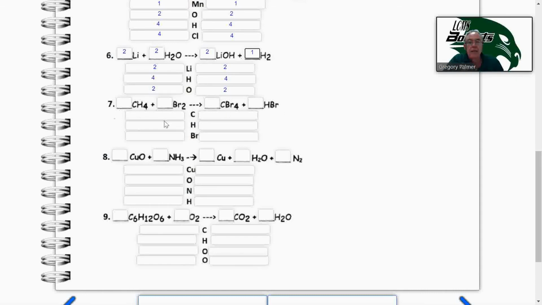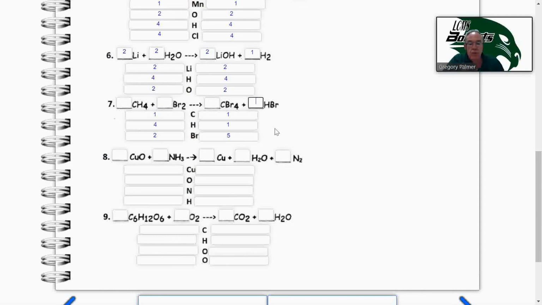Okay, in CH4, there's 1 carbon, 4 hydrogens, and in the Br2, there's 2 bromines. In the CBr4, there's 1 C, 4 Br, and then H, 1, and then 1 more bromine. Okay, so again, the bromine over here is in an even number. Over here I have an odd number, and the odd number is coming from this 1.